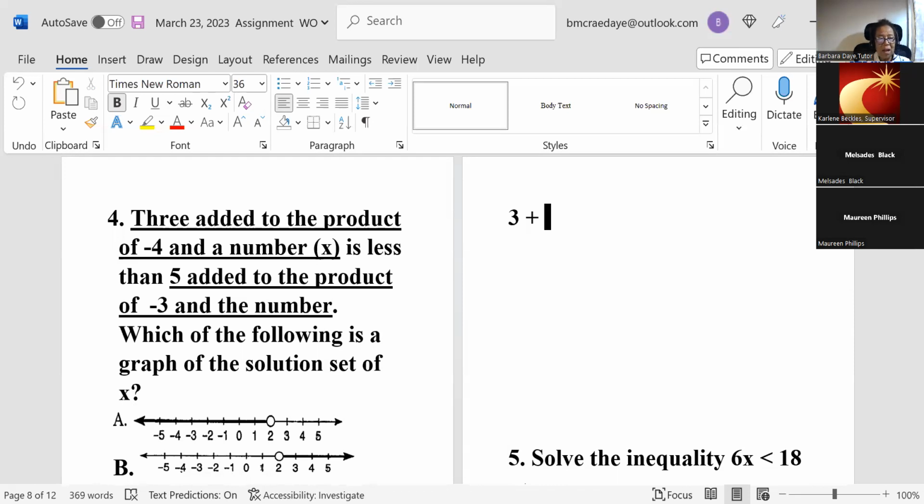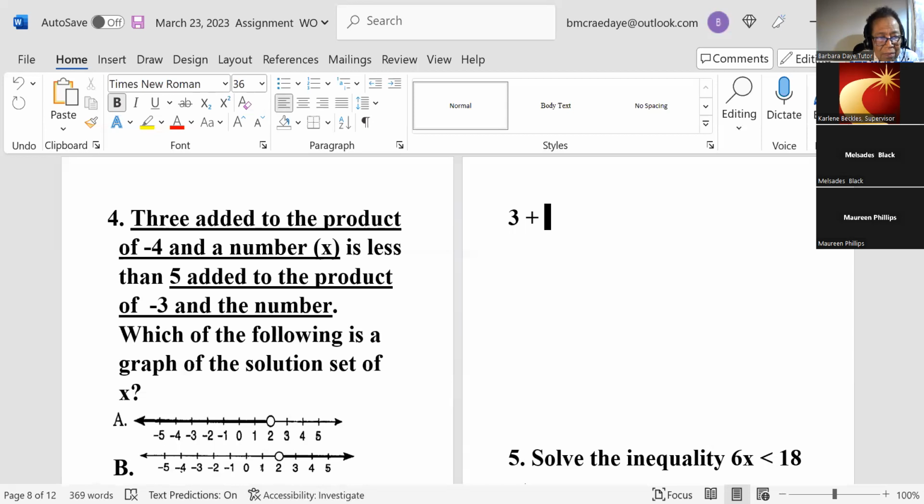Now, the product of -4 and a number x. What would that look like mathematically?